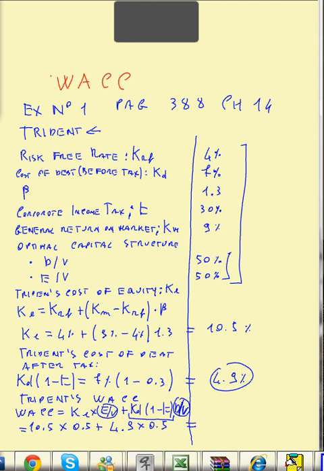This is the weighted average cost of capital for Trident in this exercise.